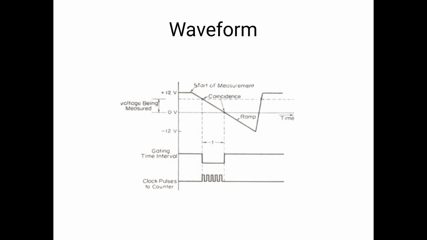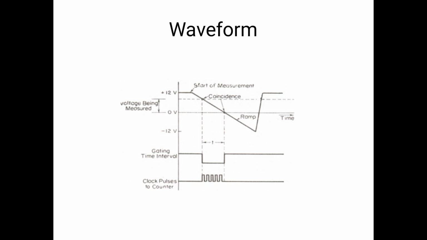We have a start of measurement, and when the unknown voltage is equal to our input reference, the gate will be open, which lets the clock pulses get into the counter. When the ramp signal reaches 0 level, the gate closes, and the clock pulses stop moving to the counter.